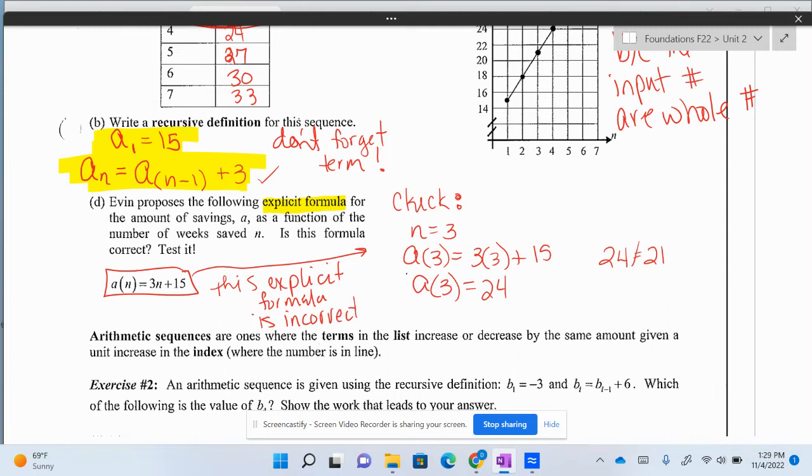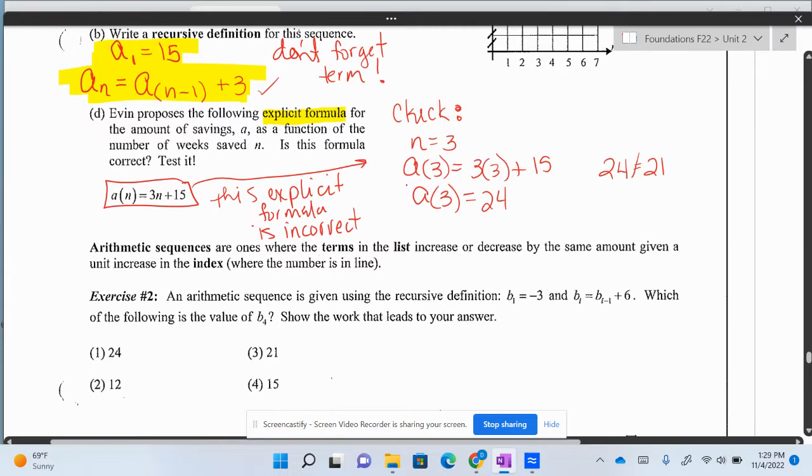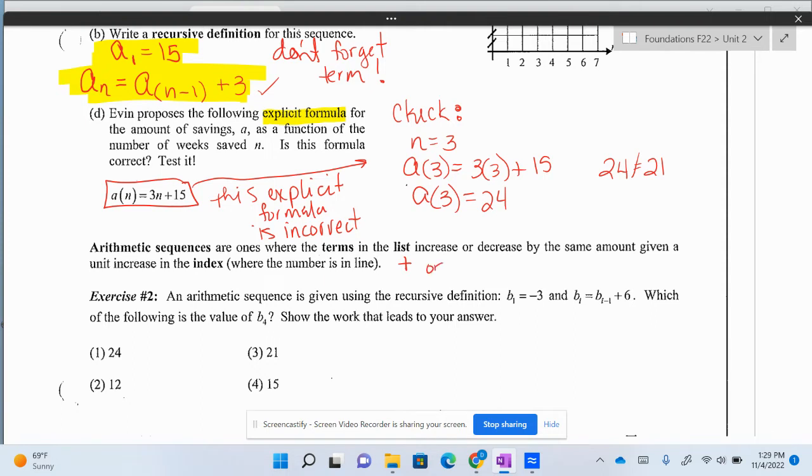We're going to talk about how to write an explicit formula. So the important thing about an arithmetic sequence is every single time you are adding or subtracting the same amount from one term to the next. That's what you're doing. You're adding or subtracting.